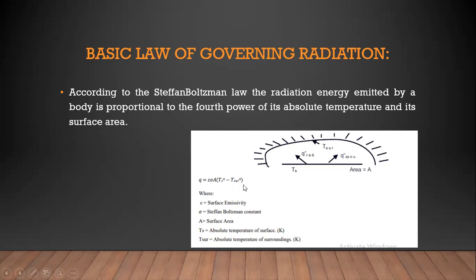This can be mathematically given in this formula: the heat radiated from the surface with respect to the given surrounding environment, on a given area. That is defined here by an empirical equation.